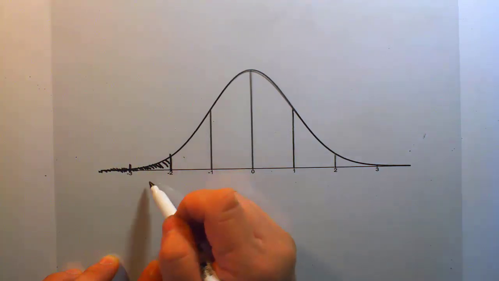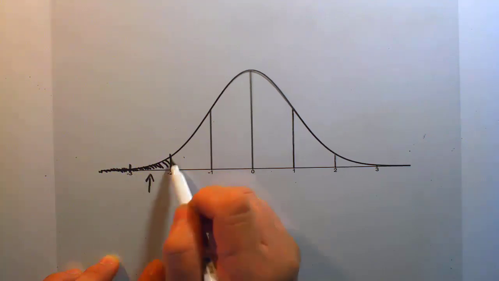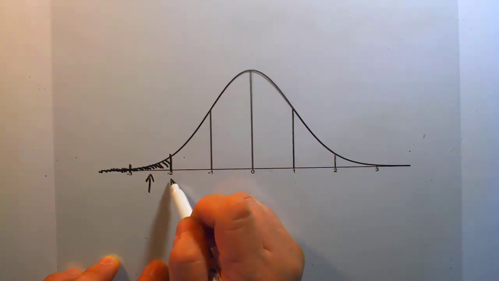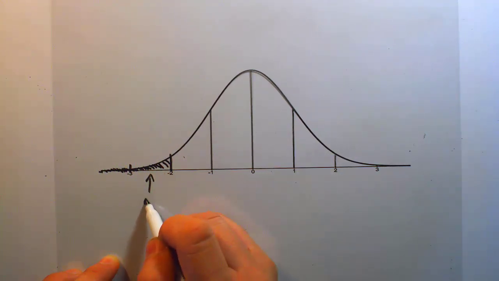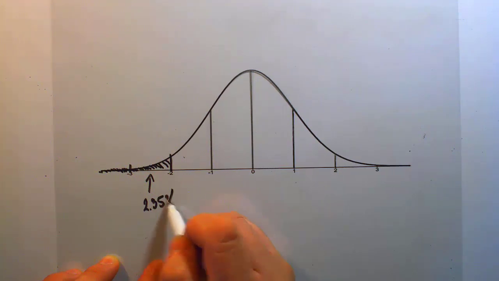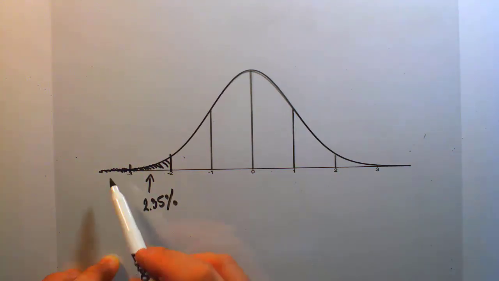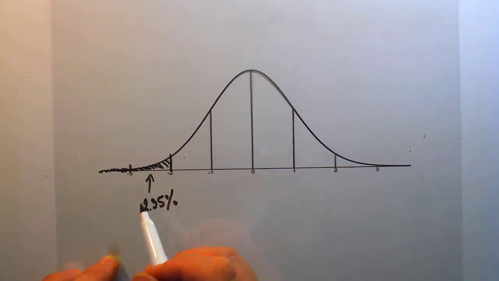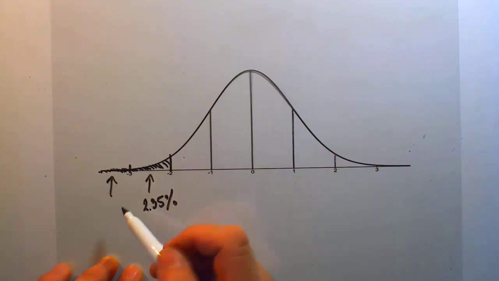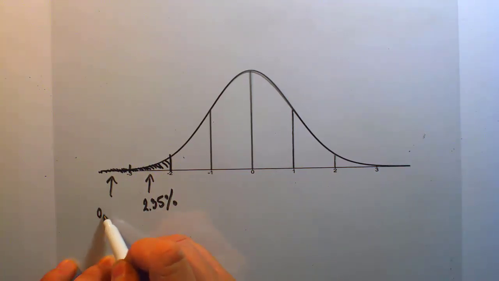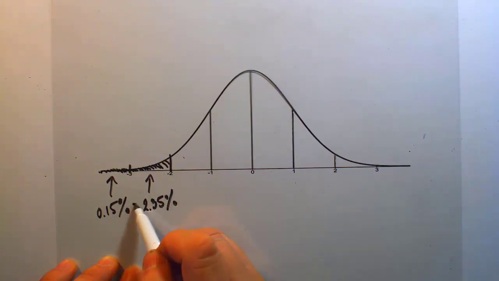From our lecture work, we already know the area between 2 and 3 standard deviations below the mean was 2.35%, and the area extending further left, completing the left tail of the bell curve, was 0.15%.